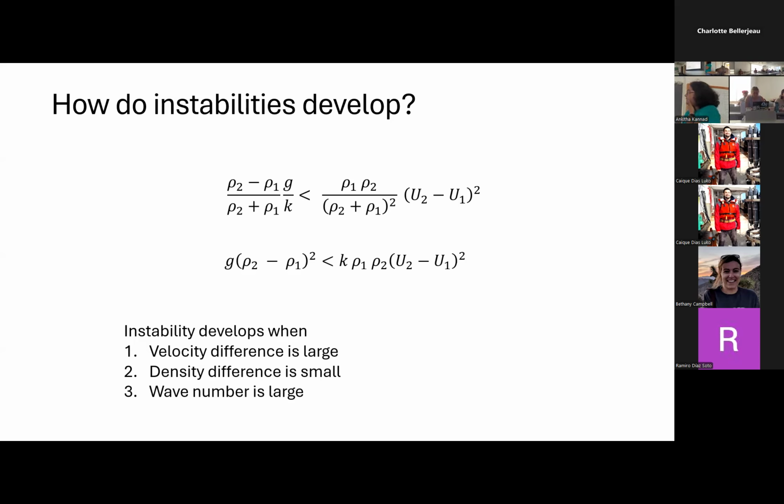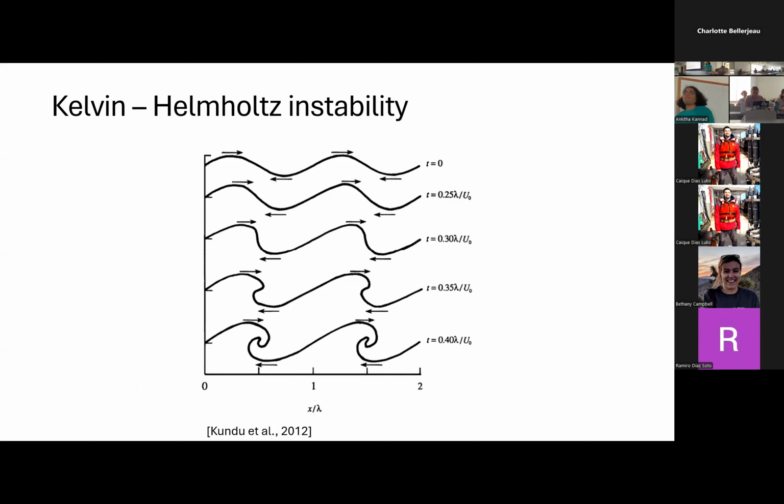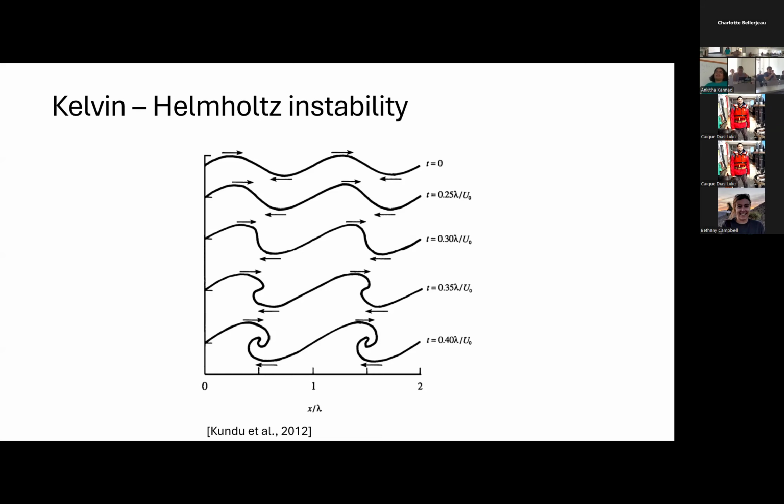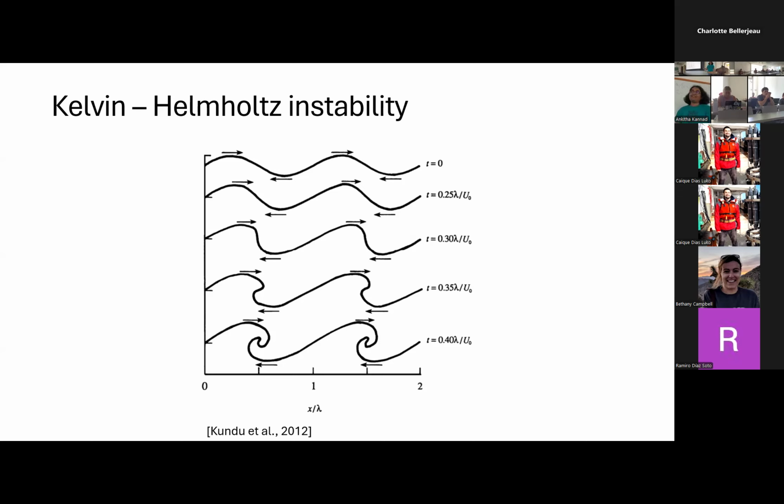My understanding is that the higher the density difference, the harder it would be for these billows to form, because of stratification. Yeah, it's the initial idea of stratification, but just for two layers.